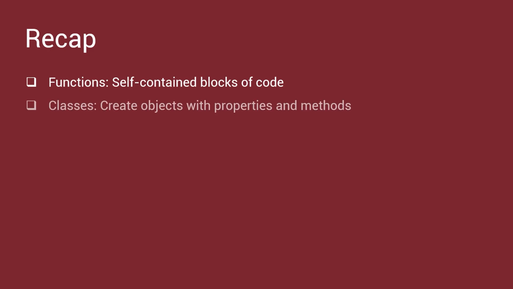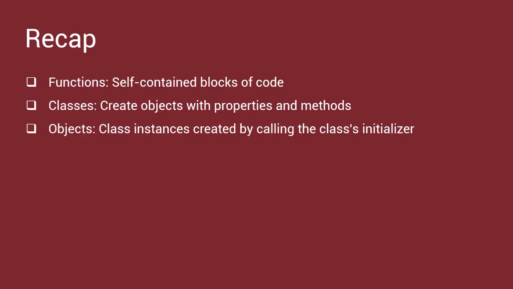In this video, you learned that functions are self-contained blocks of code that perform a specific task. Classes act as blueprints for creating instances, allowing you to create objects with properties and methods. Objects are class instances that can be created by calling the class's initializer.